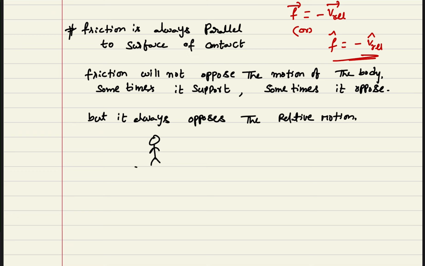Okay, now why I am telling this is, suppose a person is walking on any road. Here he is able to walk on the surface or ground because of the friction only. Whenever he is pressing, here friction is supporting him. Friction supports him to walk on a rough surface.